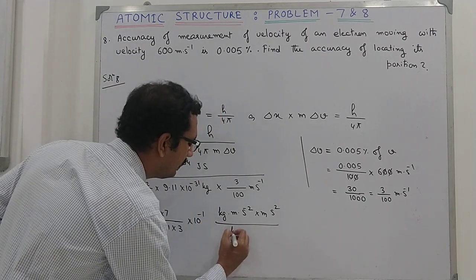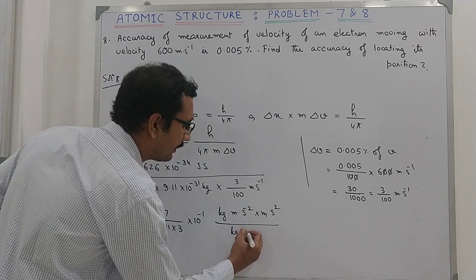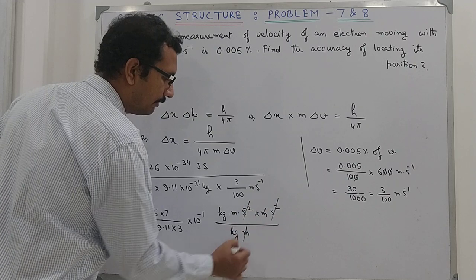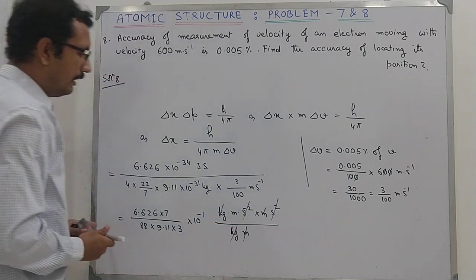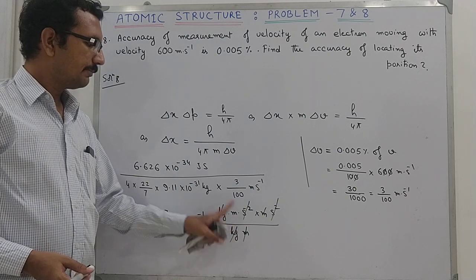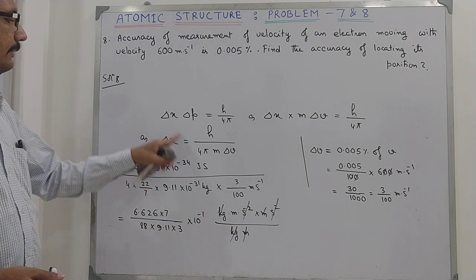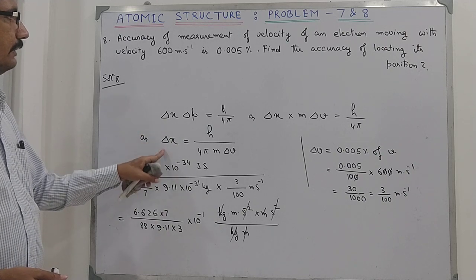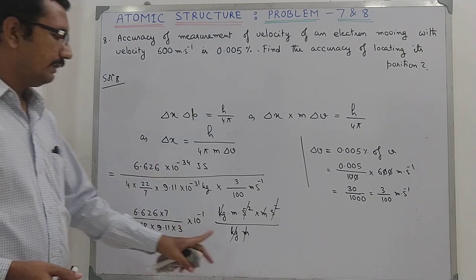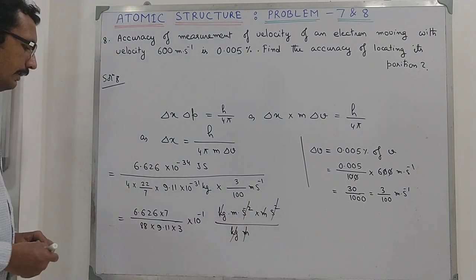In the denominator we have kg here and meter here. So meter will cancel out, kg will cancel out, and you will have meter left. Since we are determining the uncertainty in position of the electron, that must have dimension of length, that is meter.